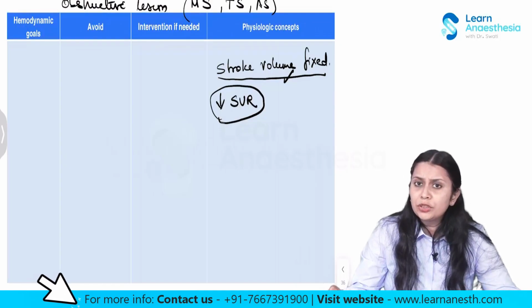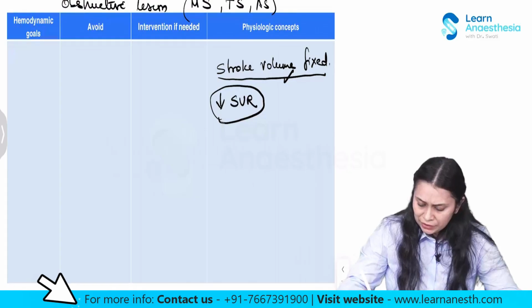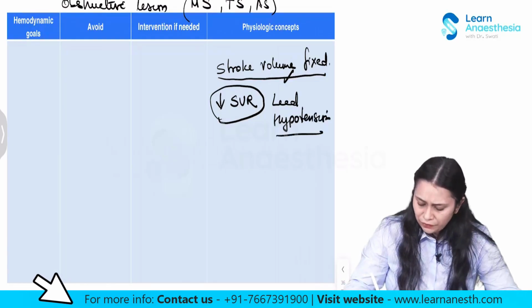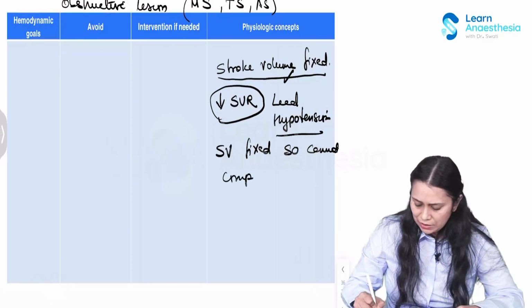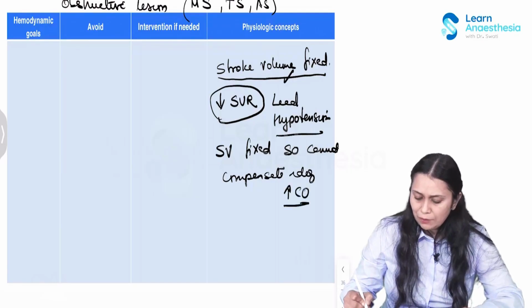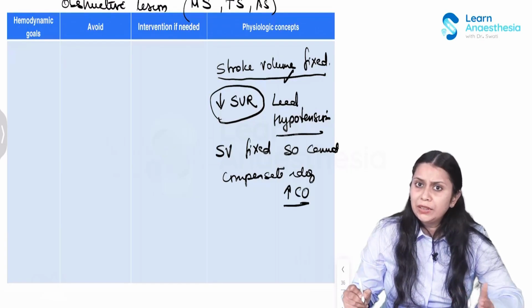So a decrease in SVR will cause hypotension, and as the stroke volume is fixed, it cannot compensate adequately to increase the cardiac output. So what will happen? The peripheral perfusion will get affected.